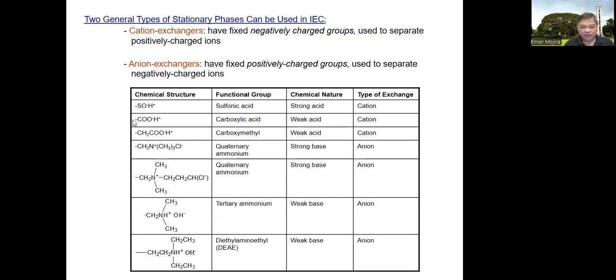So these are the functional groups that they have. Sulfonic acid, carboxylic acid, carboxymethyl. So what you do here, you remove the H plus and it will be replaced by another cation, a positively charged ion. Now for this one, you remove the negatively charged ion and it's going to be replaced by another negatively charged ion. Okay.